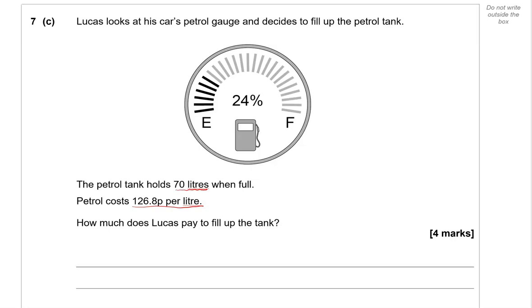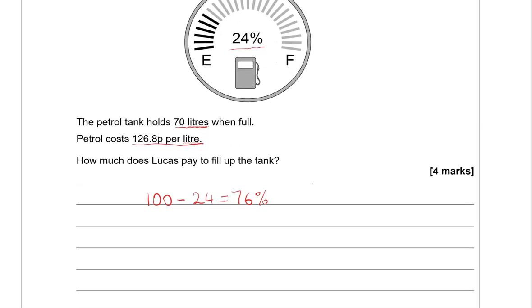So at the moment, the tank is 24% full. So what's remaining is 100, take away 24, that leaves us with 76% of the tank to be filled. So we're going to look at working out 76% of 70 litres, which is the full amount.